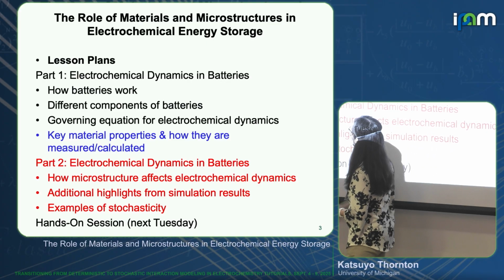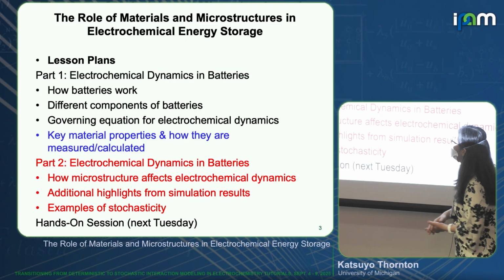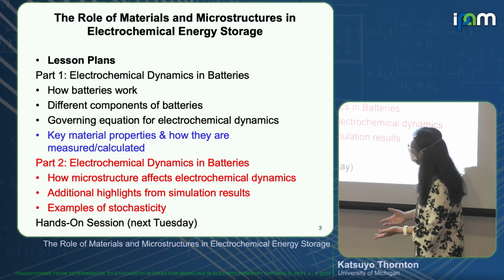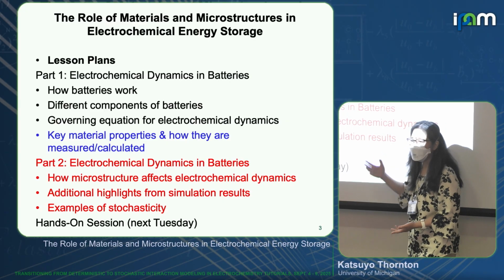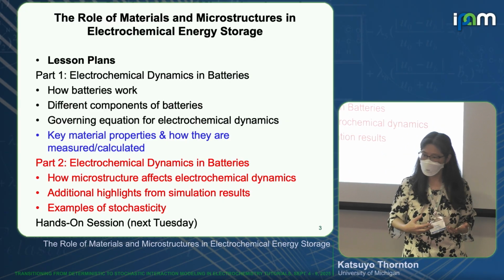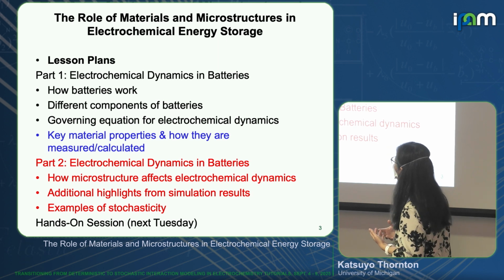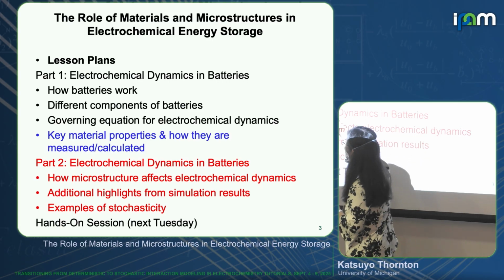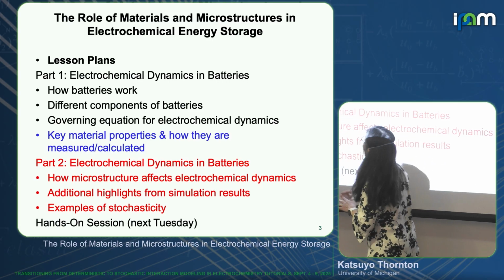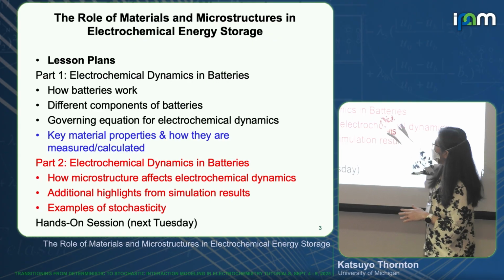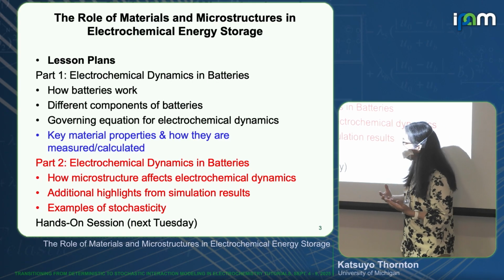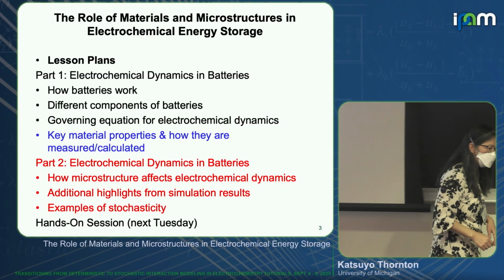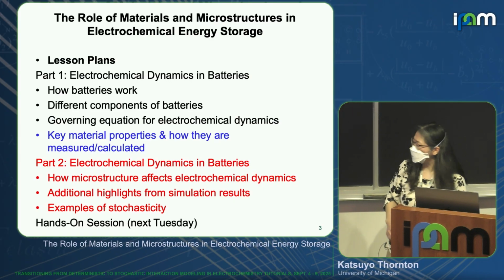So I talked about how a battery works, what the different components of batteries are, and how partial differential equations govern them. And from there, we identified some key material properties and started to talk about how they are measured and calculated, and where we get them. So that's where we left off, and that's where I'm going to pick up today.